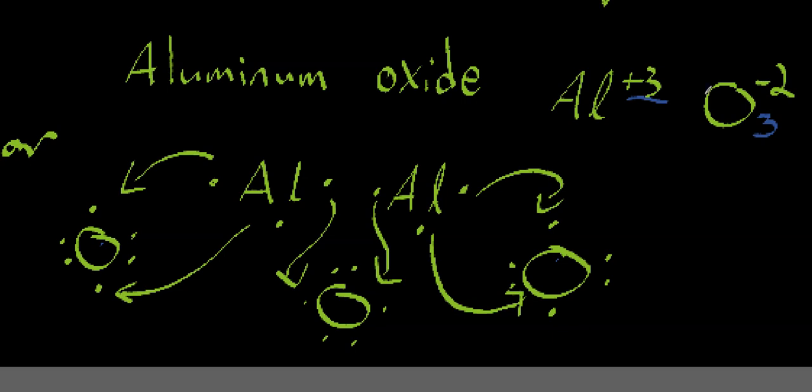The charge on the anion tells you how many cations you have. 1, 2 aluminum. So you should have Al2O3. And that's your aluminum oxide.